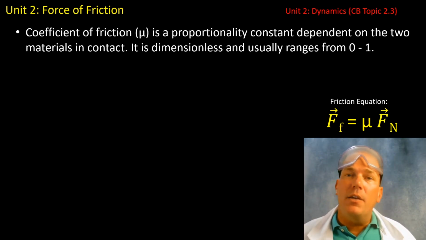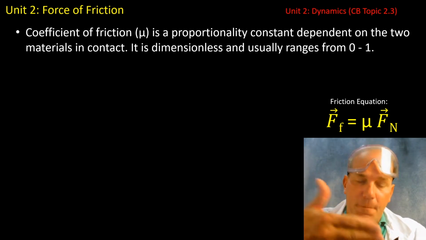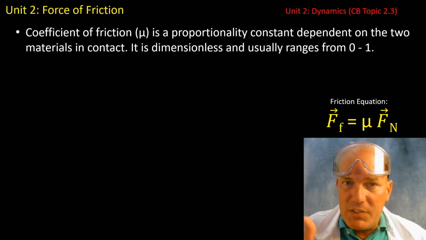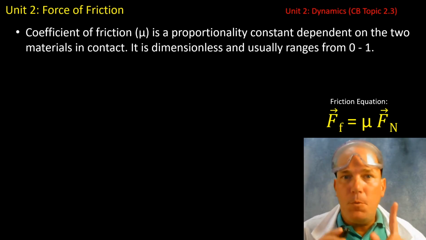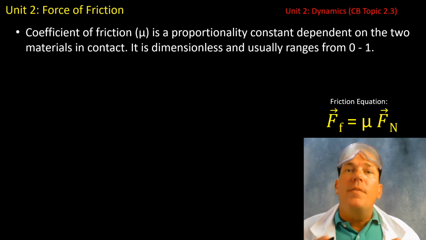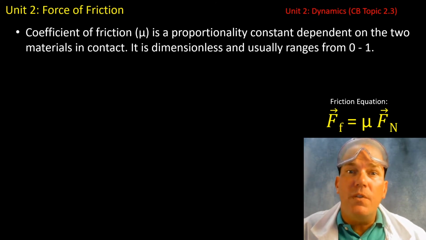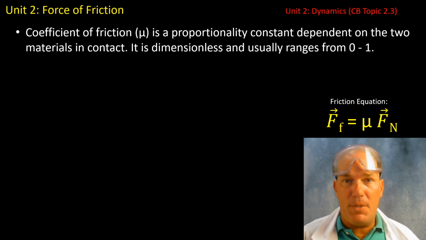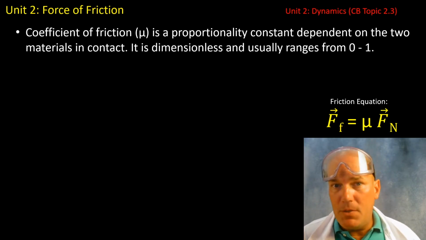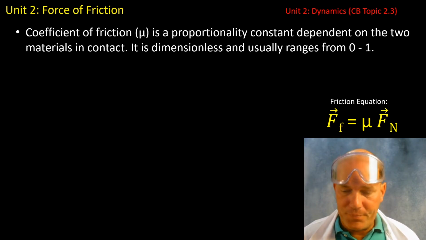In that case, it was the surface of the crate rubbing against the surface of the ground. So it is a property of the interaction of those two surfaces. Mu is actually calculated experimentally, and you're going to be doing that in an upcoming lab.